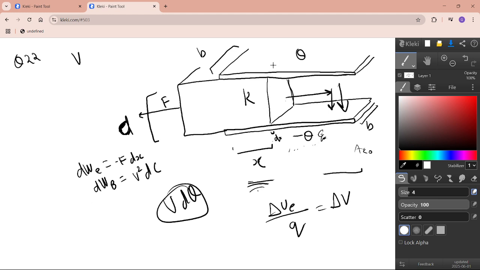So here the battery is basically doing work as it's moving electrons, not because of the electric field.